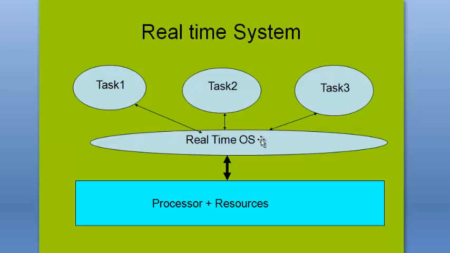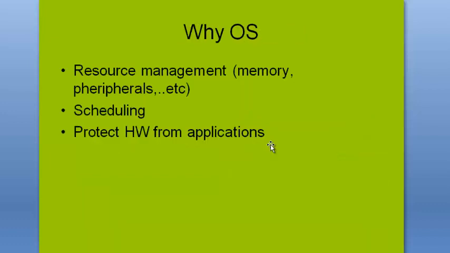But real-time operating systems mainly provide scheduling and memory management. So why OS? I already told you: memory management, managing other peripherals, scheduling. It protects hardware from the application. Application means task. An application can have more than one task.